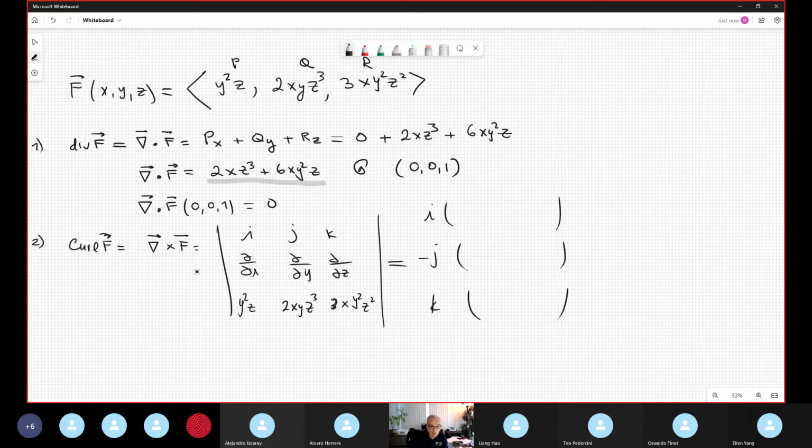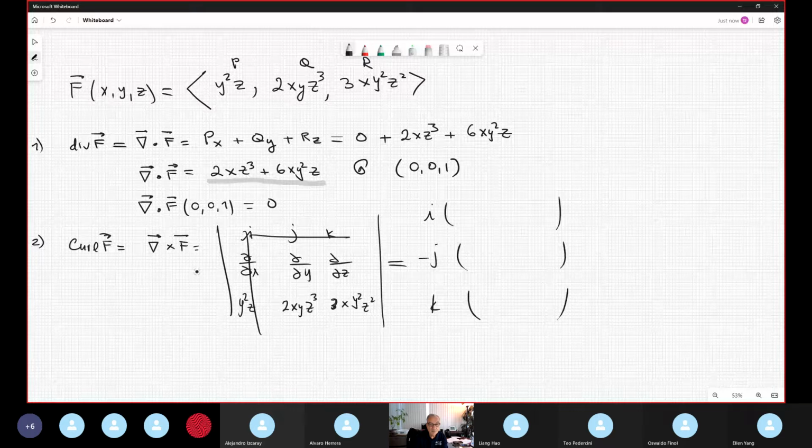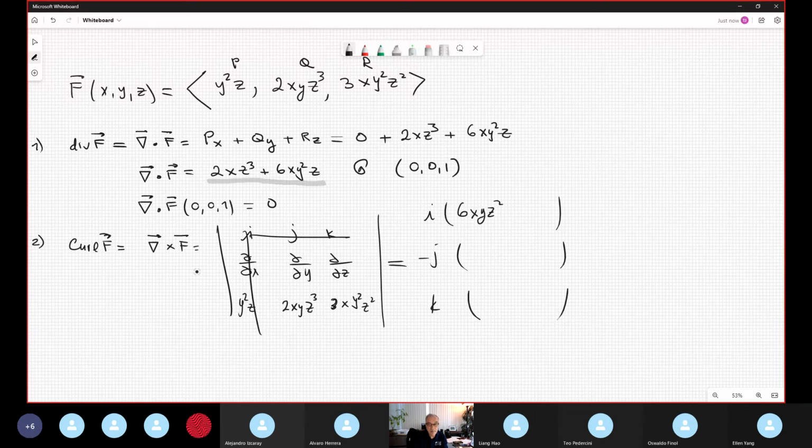Now delete this mentally and differentiate this with respect to y, which is 6xyz squared, minus, differentiate this with respect to z, again 6xyz squared. Wow, it's 0. 0i. Likewise, I don't want to repeat this, but it's easy to understand.